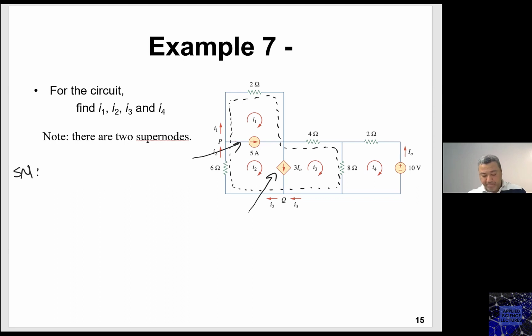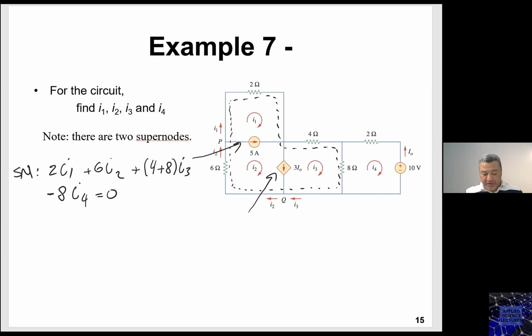it would be 2 I1 plus 6 I2 plus (4 plus 8) I3 minus 8 I4 equals 0.